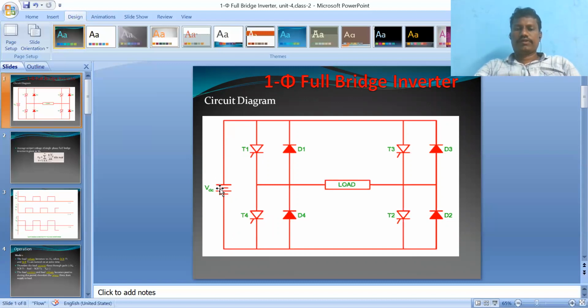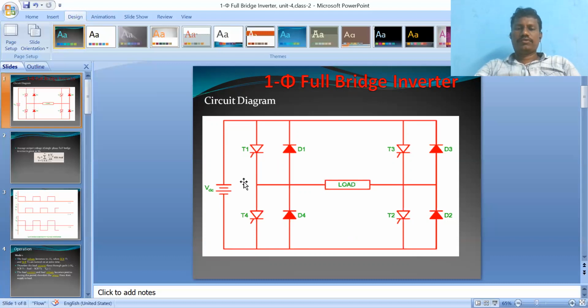Clear? The first mode is what? The firing pulse is given to T1 thyristor and T2 thyristor. So T1, T2 will be in the on state, meaning these two switches act as a short circuit. So the current path is T1, load, T2 and VDC minus. It is the first mode.